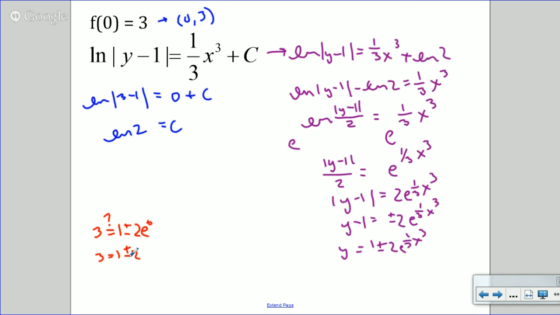So which one do I want? Do I want 1 plus 2 or 1 minus 2? I want 1 plus 2 because I want to end with 3. So my final answer is going to be y equals 1 plus 2e to the 1/3 x cubed. And I know that that checks out now. I checked that on the left there. So that is our final answer. So in that case, we wanted the positive branch.